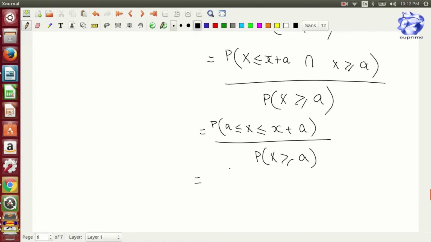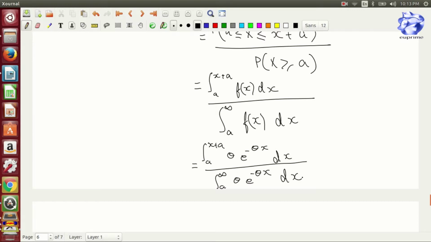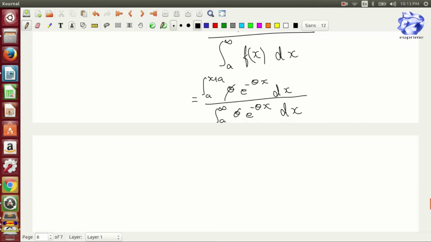This is further simplified and we get it in terms of the integration of f of x dx from a to x plus a divided by the integration of f of x dx, where the limits are a to infinity. Now we put in our probability density function, simplify further, theta gets cancelled out, and we just have the integration of e to the power minus theta x in both numerator and denominator.